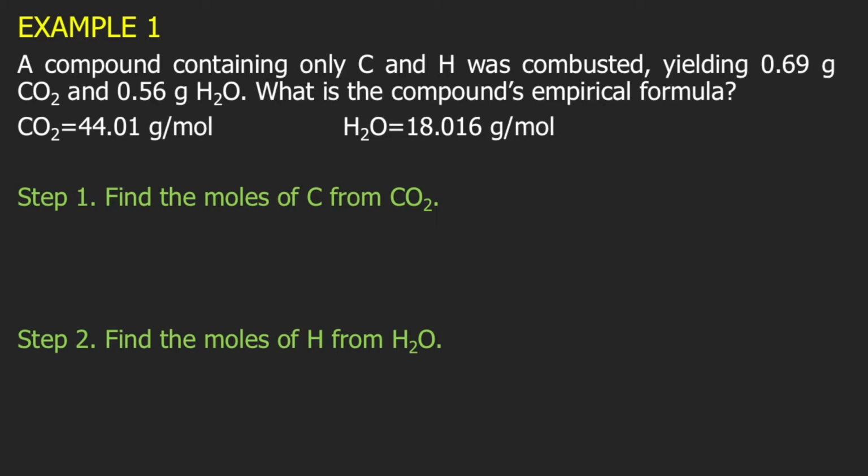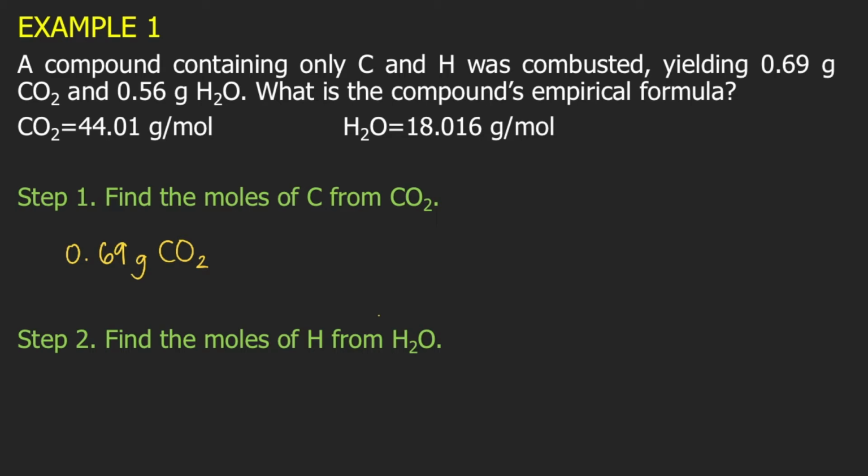So step 1, find the moles of carbon from carbon dioxide. In this problem, we are given 0.69 grams of carbon dioxide. The first thing you need to do is to convert grams of carbon dioxide into moles of carbon dioxide using the molar mass.